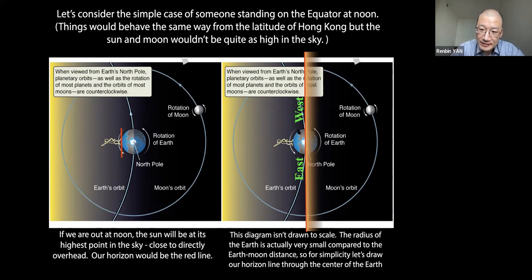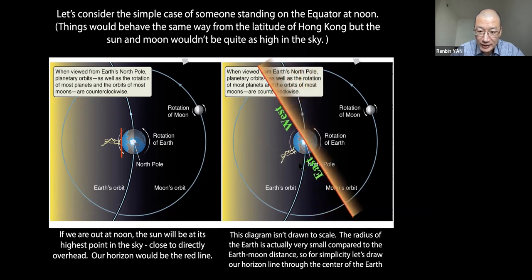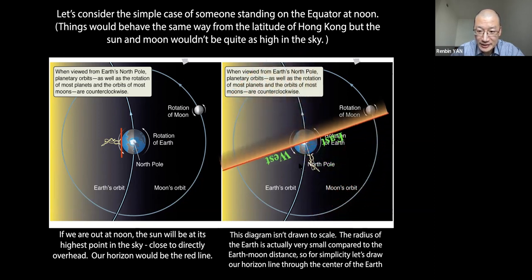Because the Earth always rotates from west to east, and since we define the Earth's rotation to be counterclockwise in this picture, this side of the horizon is west, and this side of the horizon is east. As we rotate, this horizon will rotate with us, going in this direction. Here I'm letting it rotate.